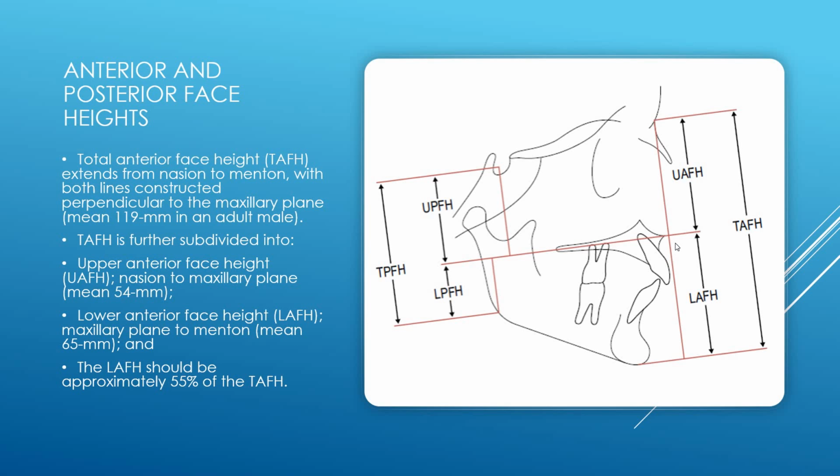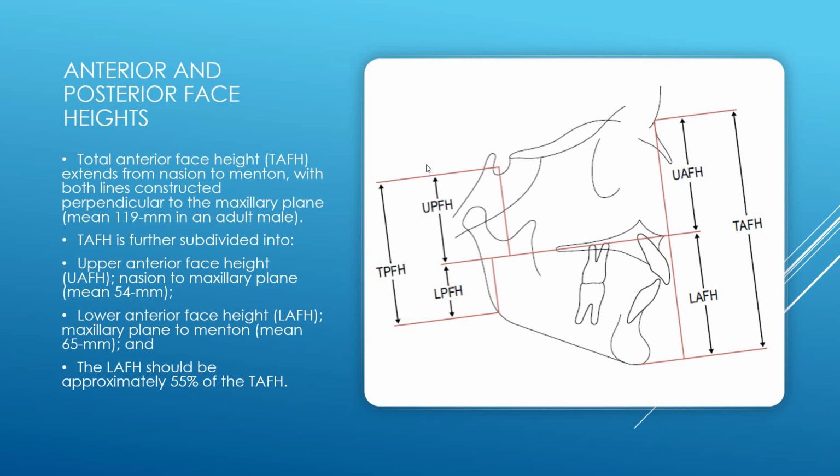Lower anterior face height, LAFH, extends from maxillary plane to menton, and it is about 65 millimeters. The lower anterior facial height should be approximately 55% of the total anterior facial height.